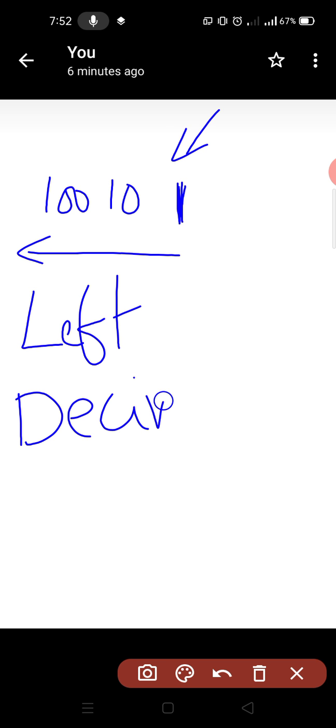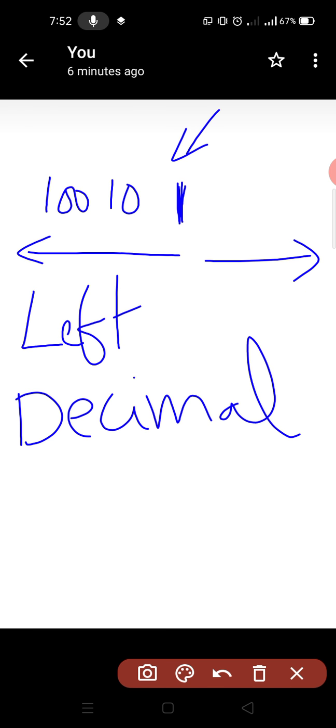The first place value is ones, and after the ones we move towards the left side. But in the case of a decimal number, we will move towards the right side. So how we move and what the place values are, we will discuss now.